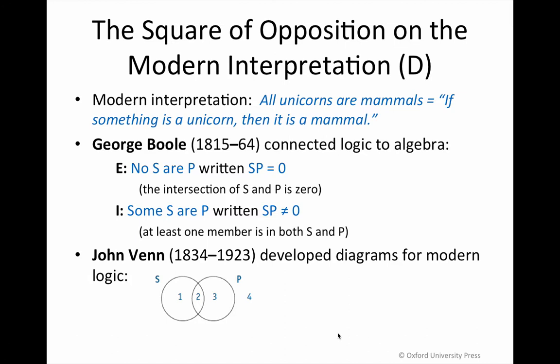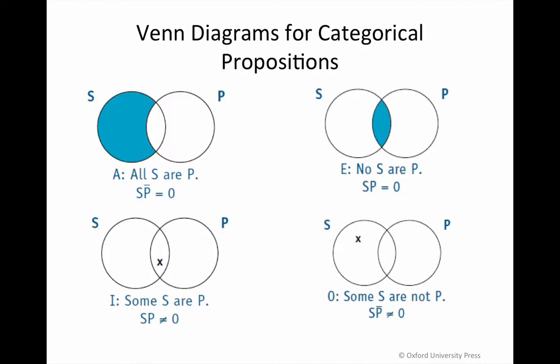So in the case of all unicorns are mammals, we're going to diagram a part of the S circle as it relates to the distribution of S's. Okay, with that in mind, let's look at how you can diagram each of these claims.